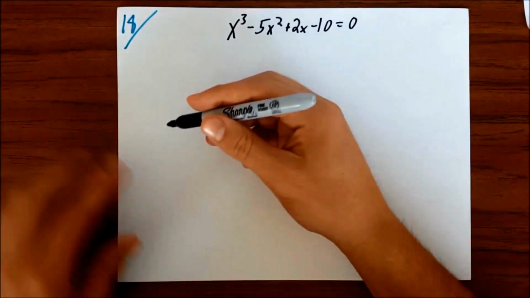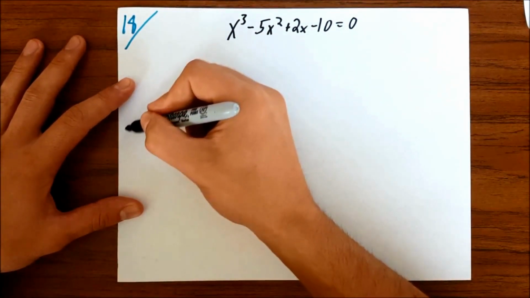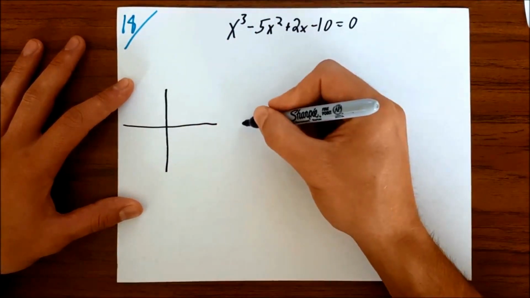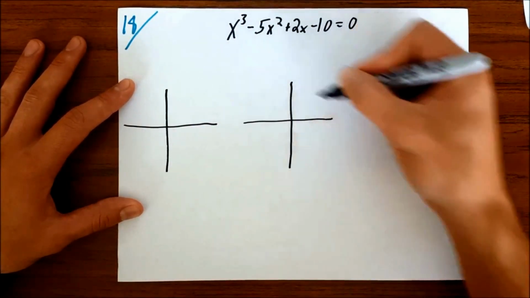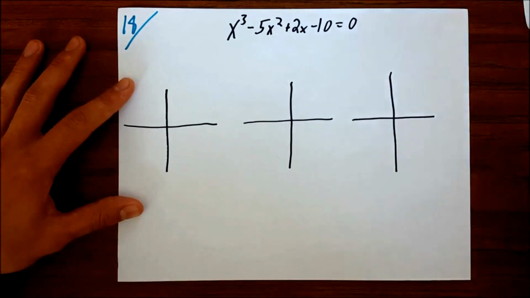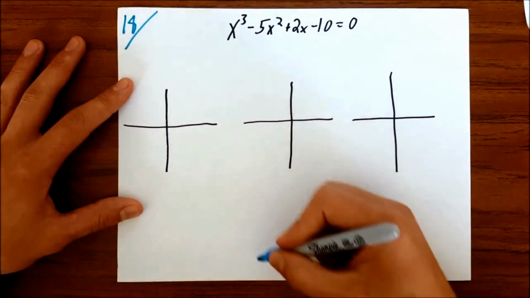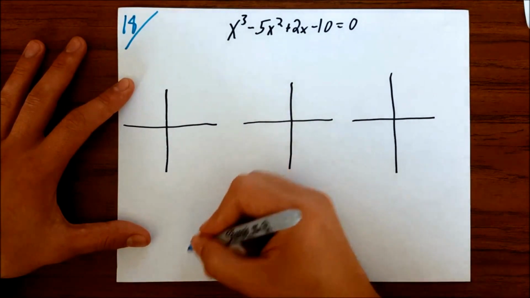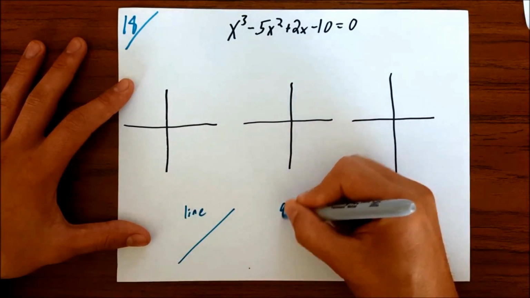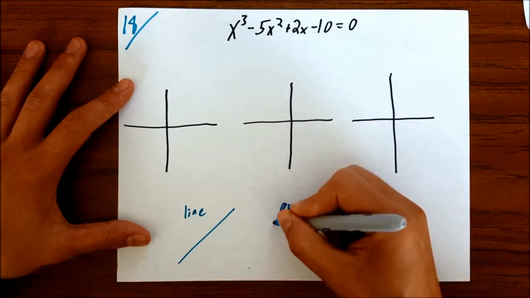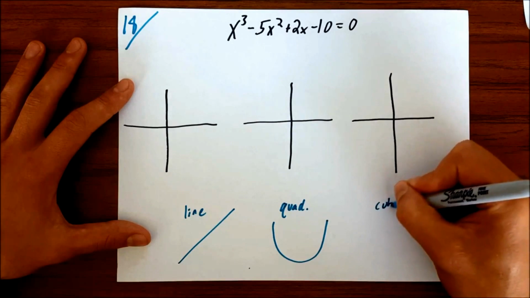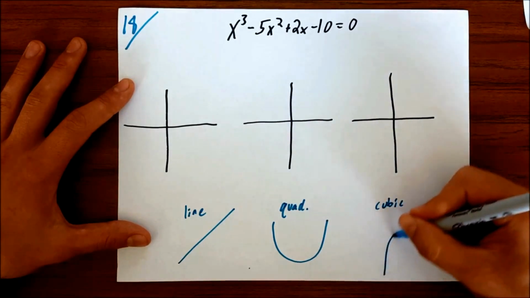And what you want to think about is what that looks like. I'm going to draw some graphs of what a cubic equation might look like. So a line looks like this, a quadratic looks like this, or it could be going the other way down, and then a cubic looks like this.